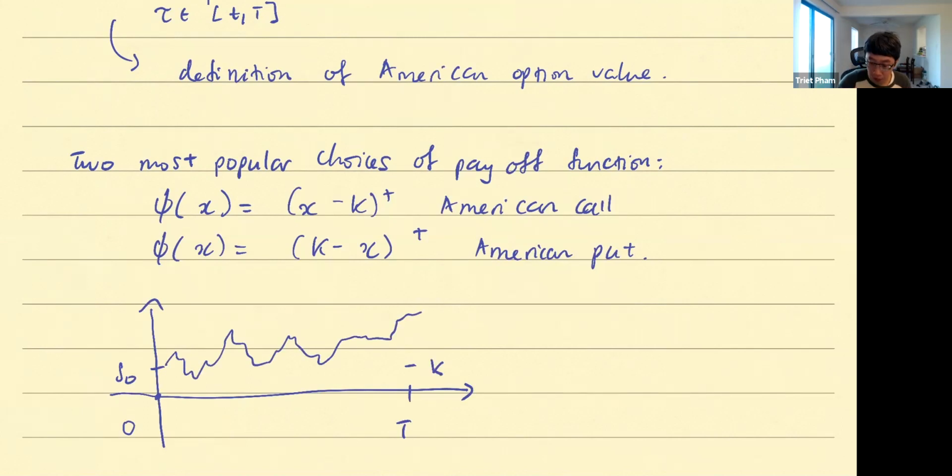The person at time 0 can choose any time from here to here to exercise. If the person chooses right here, then the payoff will be this much.